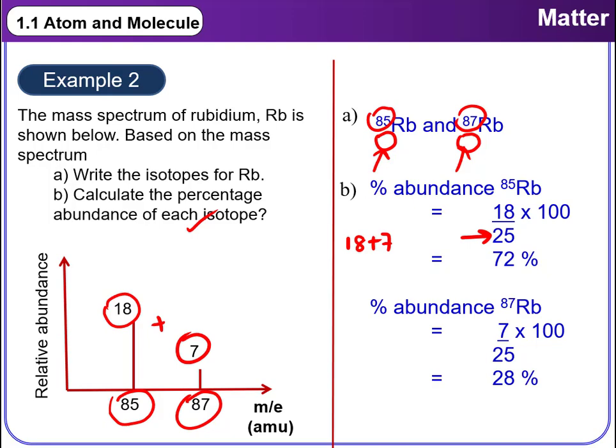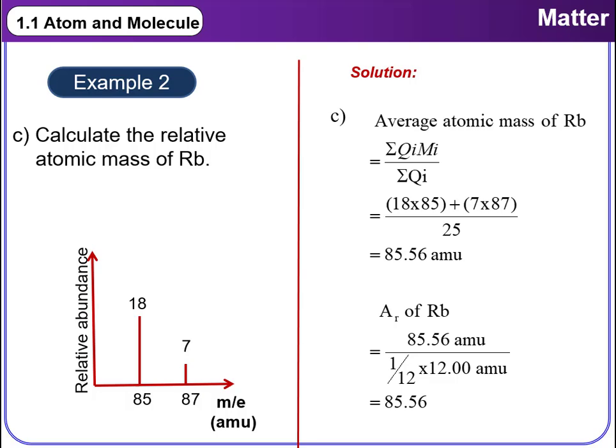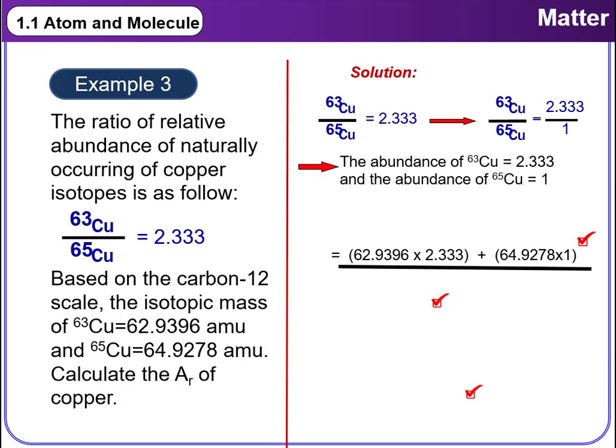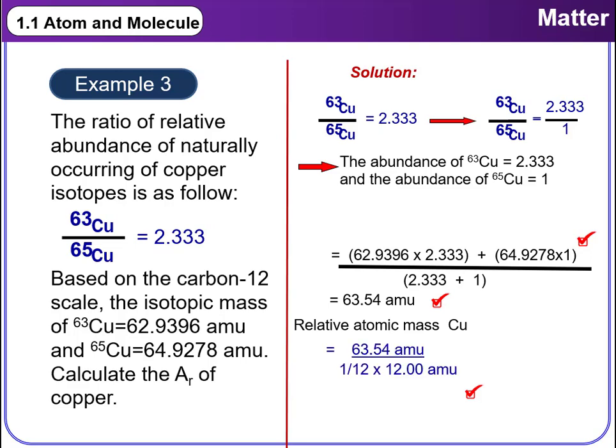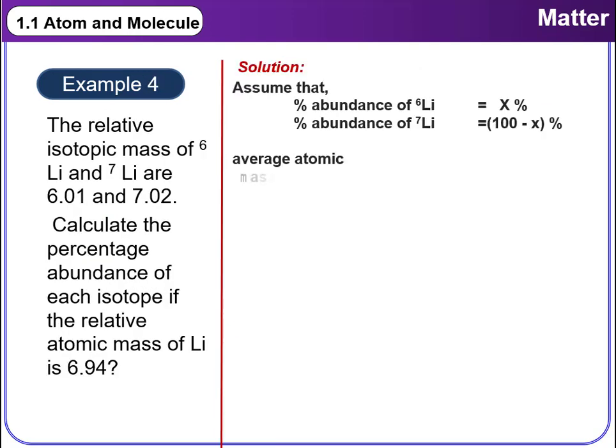Then you can determine the abundance of rubidium 85. For the other rubidium, 100 minus 72, so you have 28%. Same goes for this example 2. Okay, let us go to example 4.